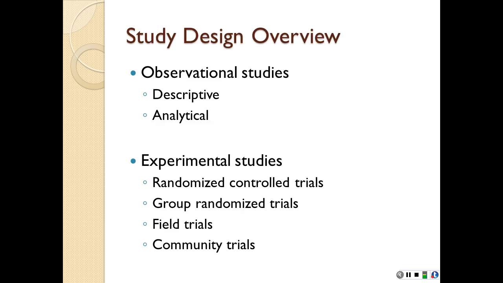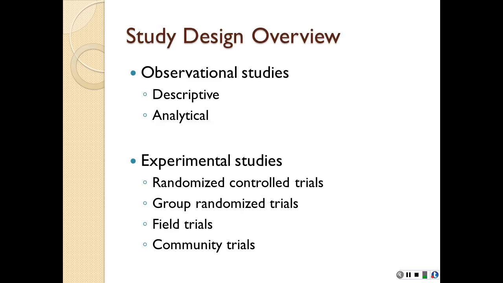So that could be I give one group drug A and the other group a placebo, or I give one group drug A and the other group drug B. Or it could be a behavioral intervention, where group A gets cognitive behavioral training and group B gets regular psychotherapy if I'm interested in some mental health outcome. But the important thing is that I, as the investigator, have decided that these are the treatment groups and I have applied the intervention.